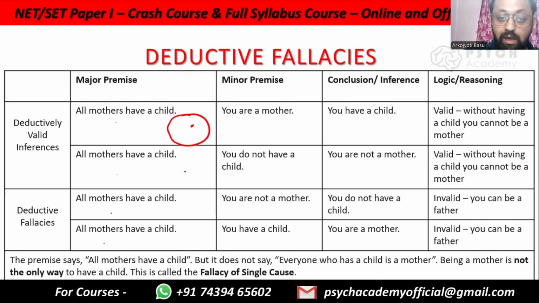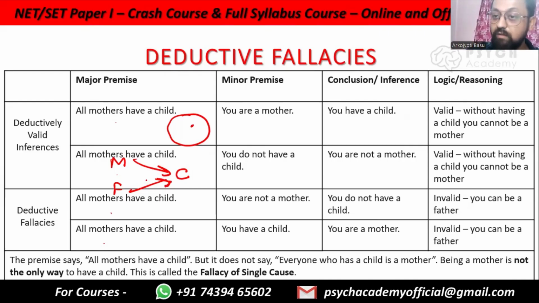That is, having a child can come in two ways: by being a mother or by being a father. This is called the same effect having multiple causes. So while you have information about one cause, you do not have information about another cause.